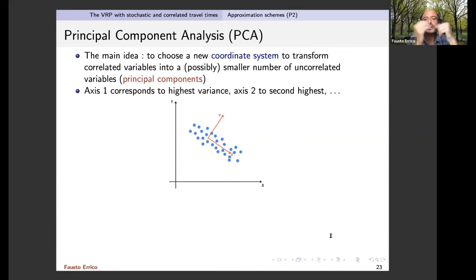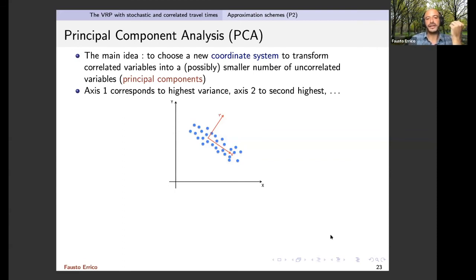The idea is to find a new coordinate system that transforms the original space into potentially a smaller number of potentially uncorrelated variables.